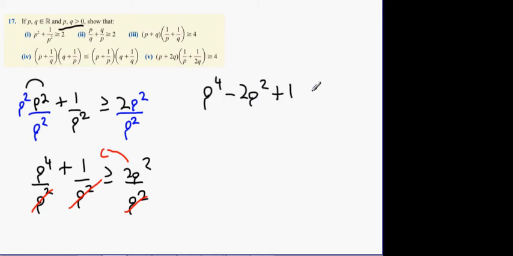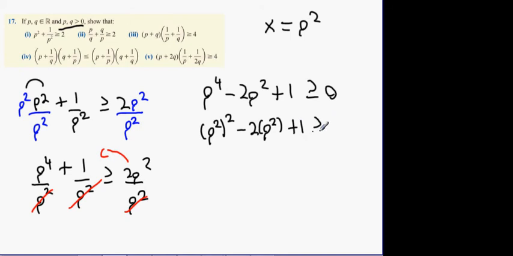Now you guys have seen a quadratic like this before. It's what we call a substitution question, okay? In the substitution question, I'm going to let x be equal to P squared, and I'm going to explain why I'm doing that now. I'm going to break that up into P squared, squared, minus 2 times P squared, plus 1, greater than or equal to 0.